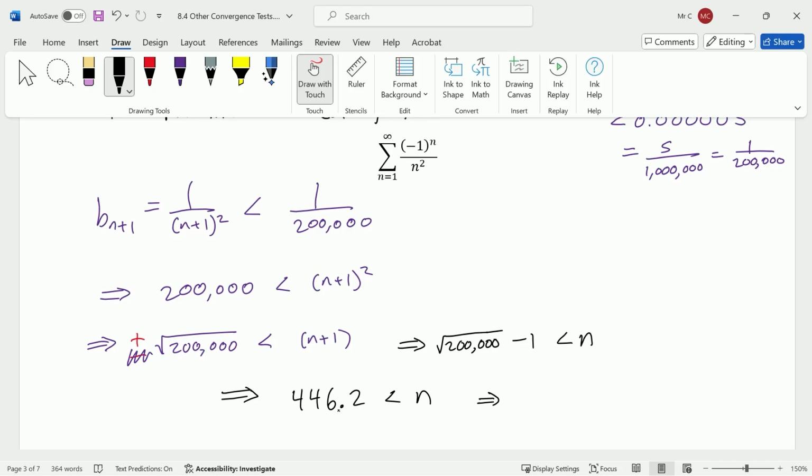So since it has to be bigger than this, n needs to be at least 447. So we need 447 terms in order to find this series accurate to 5 decimal places.